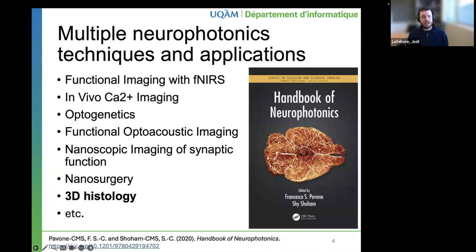We can also do optogenetics: if we use transgenic mice, we can use a laser to activate some parts of the brain. There are different ways of doing this. We can combine acoustic methods with optical methods to do functional optoacoustics, which lets us, for example, map the vasculature. We can do nanoscopic imaging and synaptic nanosurgery. There are a lot of techniques, but in my lab, we focus mainly on 3D histology using optics.